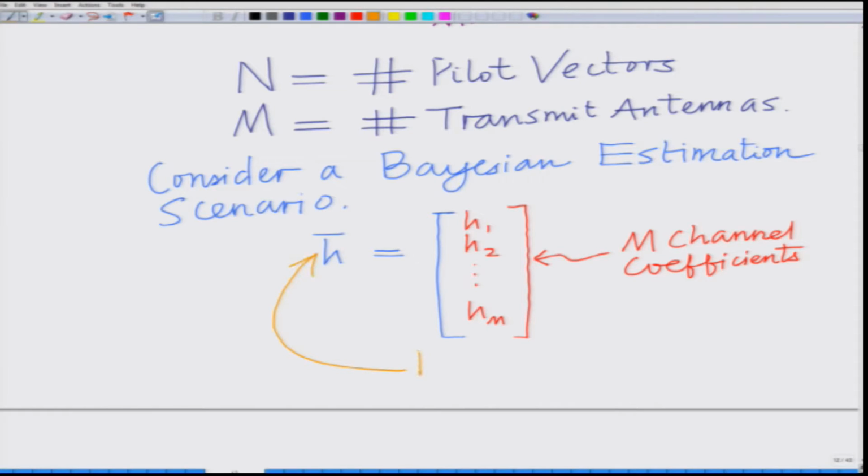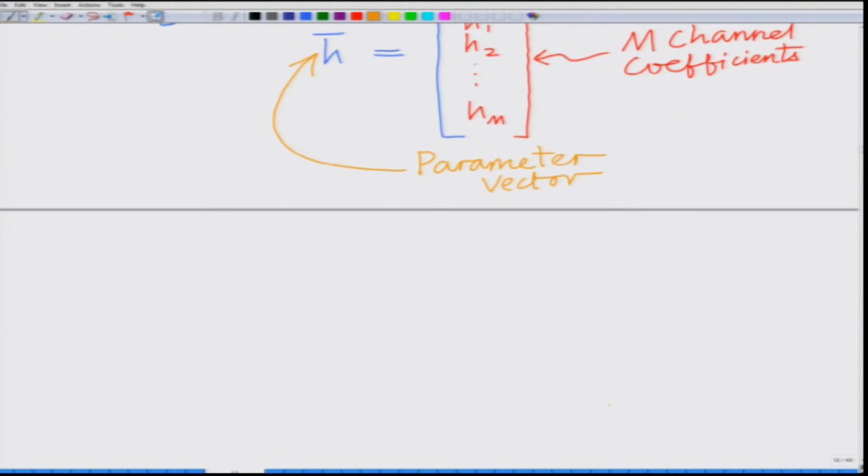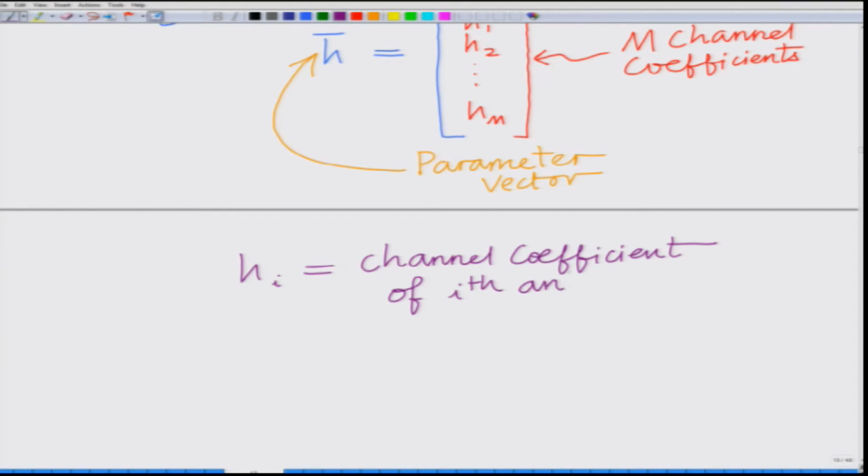This is your parameter vector. We are considering the estimation of a vector parameter, and hi is the channel coefficient corresponding to the ith antenna.